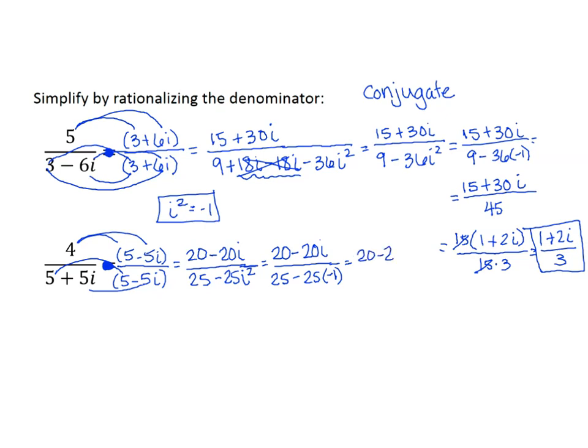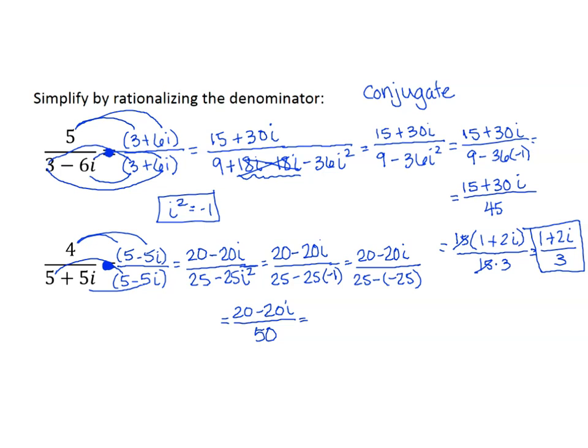So I have 20 minus 20i over 25 minus negative 25. I'll continue down here. 20 minus 20i, and 25 minus a negative is the same as 25 plus. So I have 25 plus 25, which is 50.